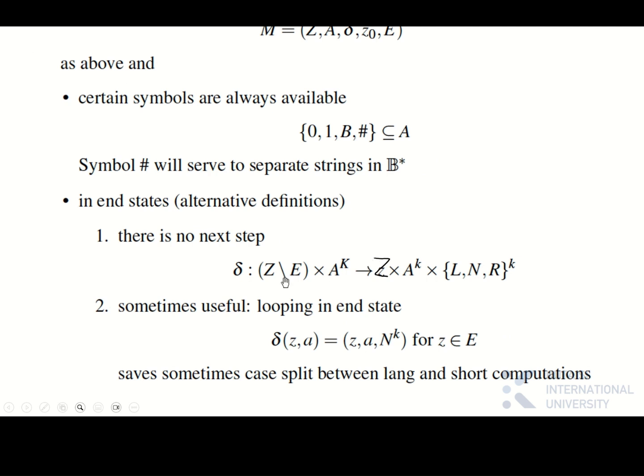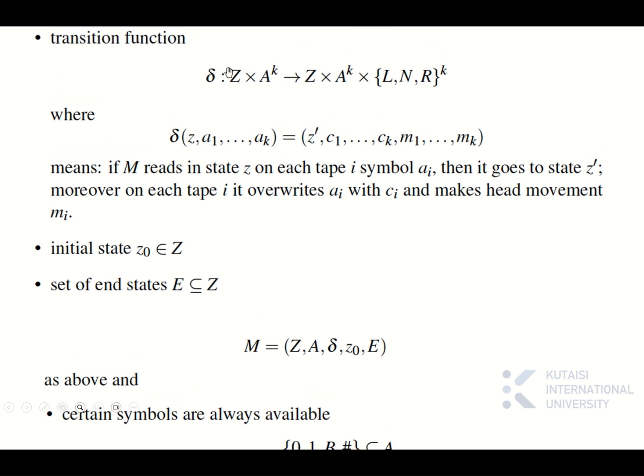But there are modifications that we will use quite often, and I want you to pay close attention to this. The first modification is that in some cases your transition function, see what's the difference here between this definition and this definition? For this definition, from every state, whatever you are reading, there is a next step, because this function has a value for every z and every k-tuple, the next thing it's supposed to do.